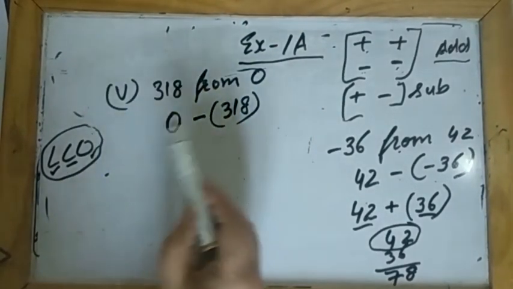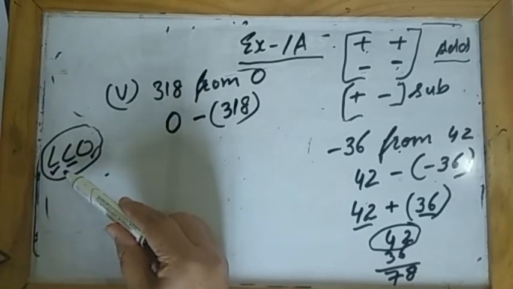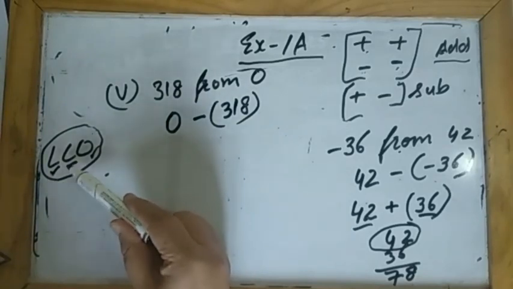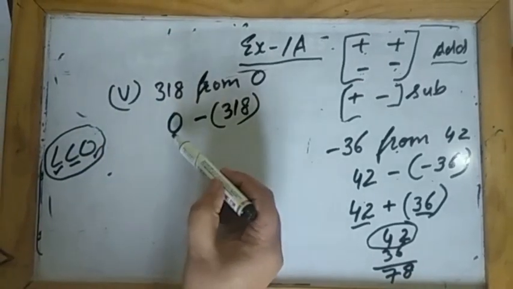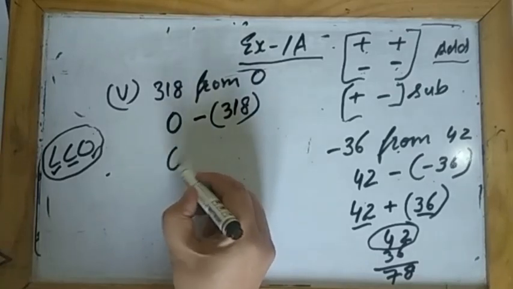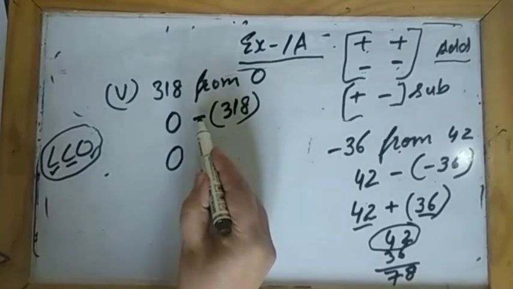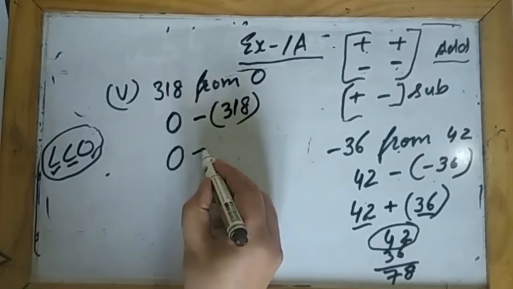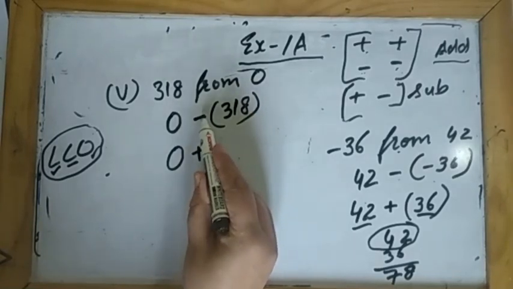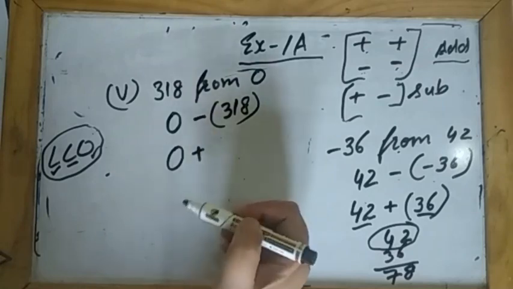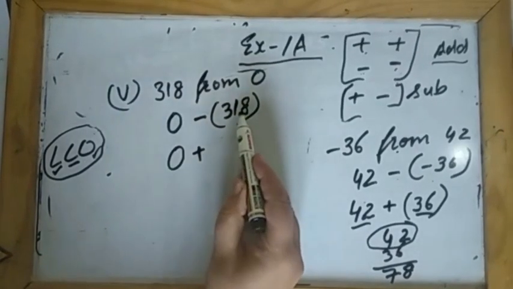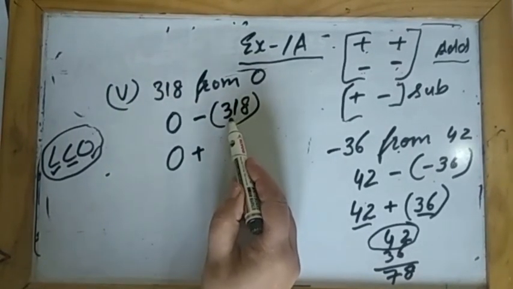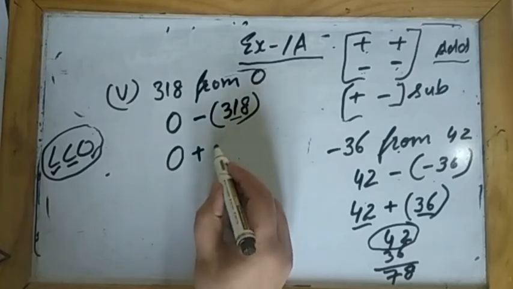So remember, while subtracting, what you have to keep in mind, LCO: L means leave the first number as it is. C means change the sign of this negative into positive, means I'll change the sum of subtraction into a sum of addition. And the third is opposite. Opposite means you have to write the opposite of the second integer.